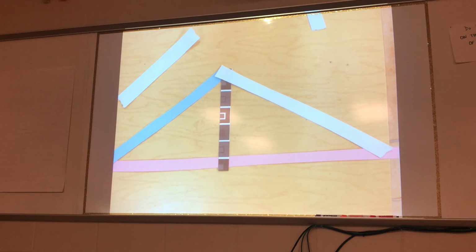How many triangles does it make, guys? One triangle. The pink is the only guy that you can change in length. The blue is a given length and the white is a given length. Once you tear it, you decided its length and you can't change it.